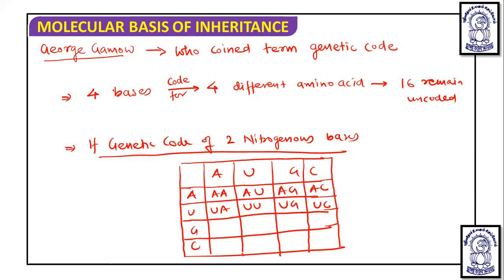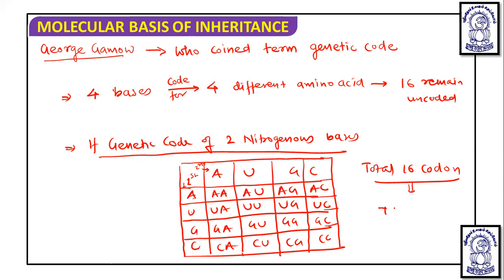How is it happening? A is pairing with all four, U is pairing with all four, then G. So that is the first position, and the second position is explained by these bases. So GA, GU, GG, GC, and CA, CU, CG, and CC. So here a total of 16 codons are formed if the genetic code is of two nitrogenous bases. So still 4 amino acids remain uncoded.